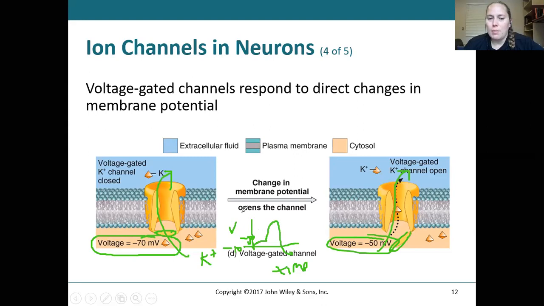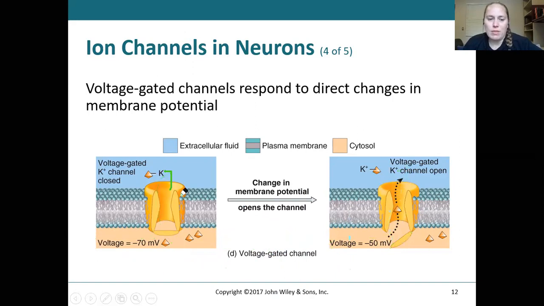And in this case, because you have potassium leaving, this would cause a decrease in the voltage because potassium is leaving. But we'll talk about again kind of how all of these ions are triggered, these different channels to open at different times, and kind of the function that they have in cell signaling. So voltage-gated ion channels get triggered at a very specific voltage. I'll talk about how exactly it happens here in the next couple slides.